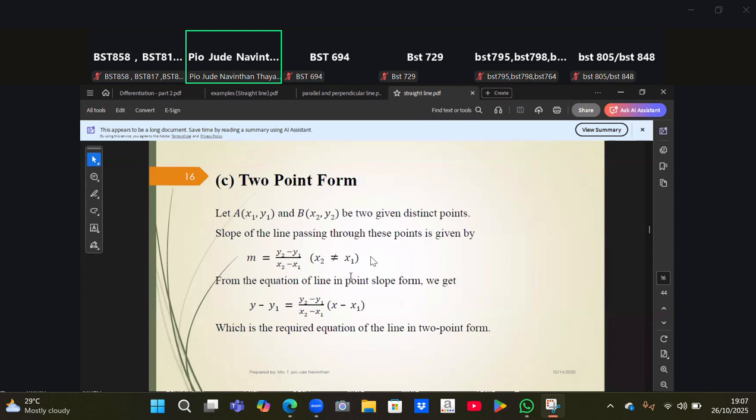Actually, for this type of question, for this equation you will have 5, 5. So write down the equation, 5. If you get the value for this m, another 5 or 10, right? If you get the correct equation, it's another 5 or 10. For example, 20 marks for this case, right?